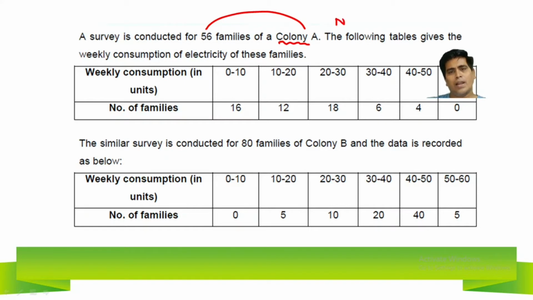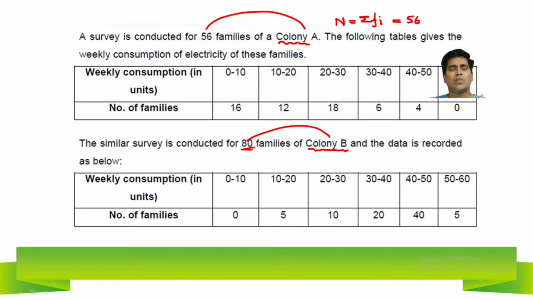This capital N we can also call sigma fi, the sum of all frequencies. N or sigma fi is 56 here, and here it is 80 families from colony B. So these two will be very important.